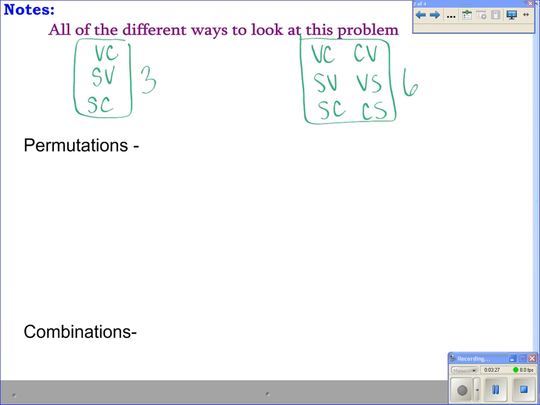If you could write these 2 words down, we'll get a quick definition. And by quick, I mean very quick. Permutations, order matters. Combination, order doesn't matter.